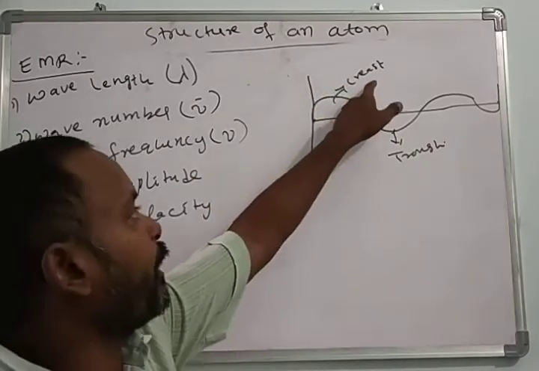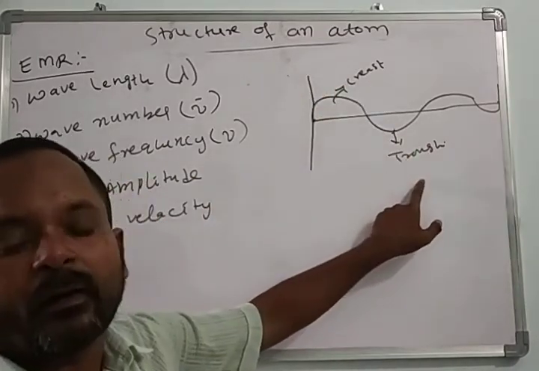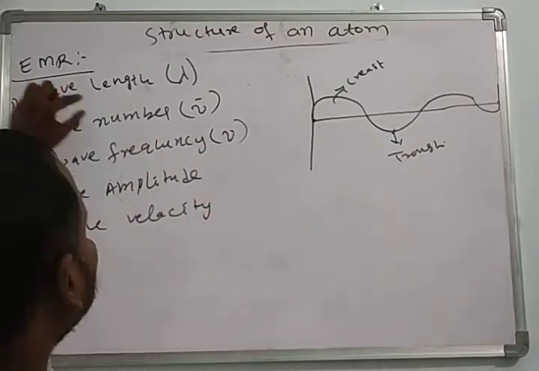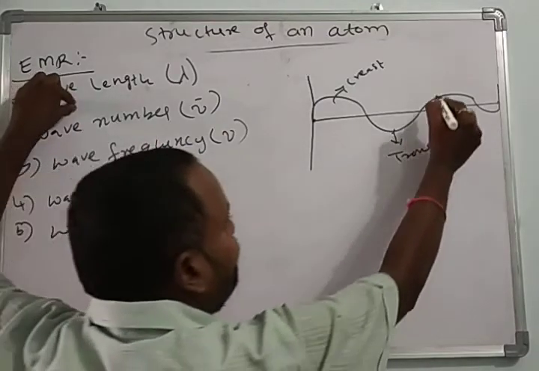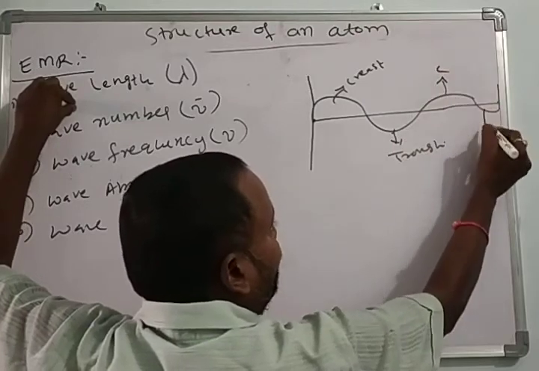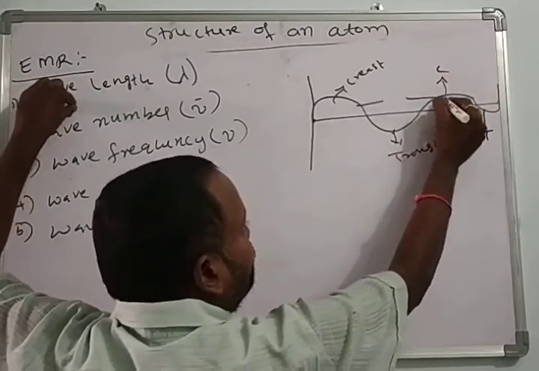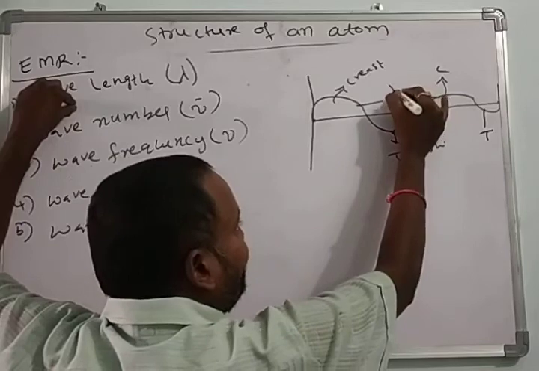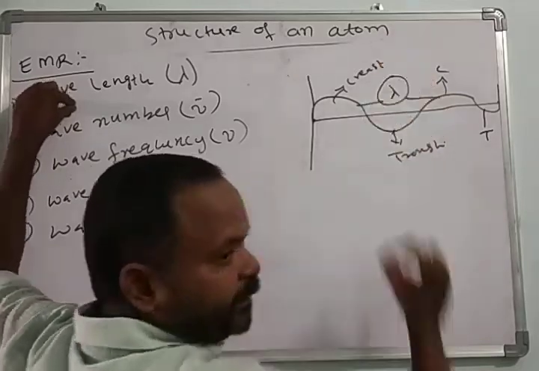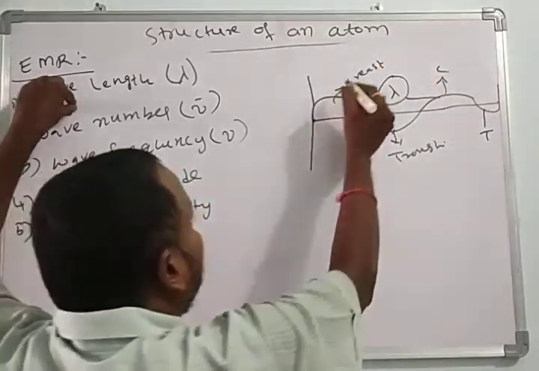Above the axis we call crest, below the axis we call trough. The distance between two successive crests or two successive troughs, we call wavelength.